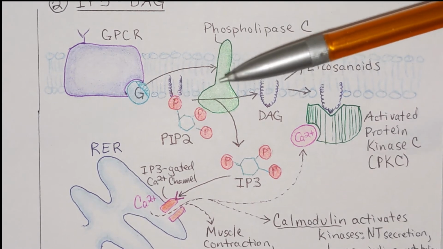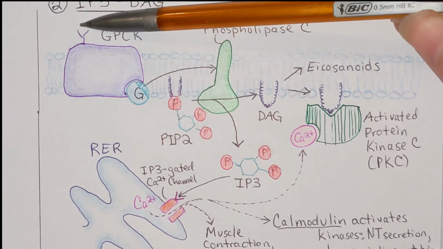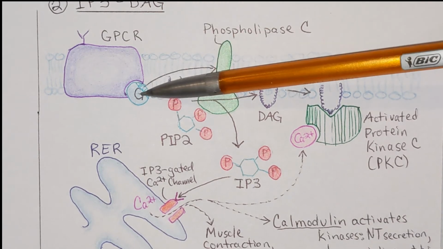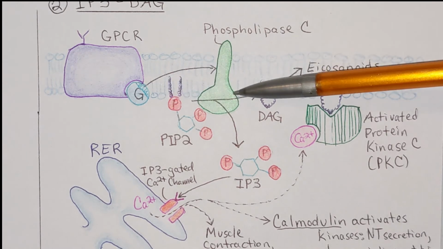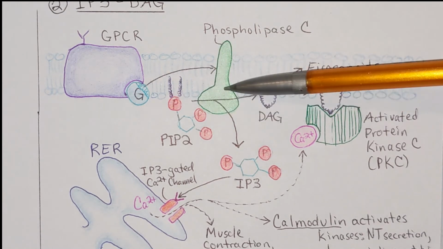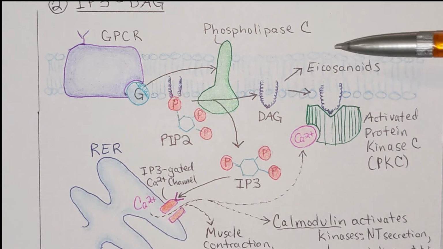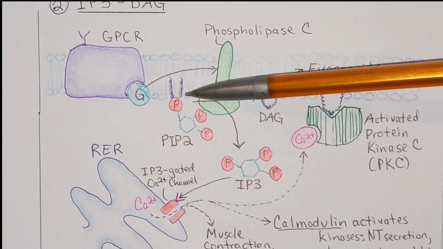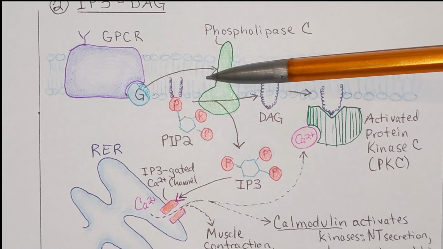Okay, so, once again, in this scenario, a hormone binds to this G protein coupled receptor, activating the G protein, right? One subunit dissociates, and it is going to activate this enzyme right here, which is called phospholipase C. This enzyme is responsible for breaking down a molecule that is embedded within the phospholipid bilayer.